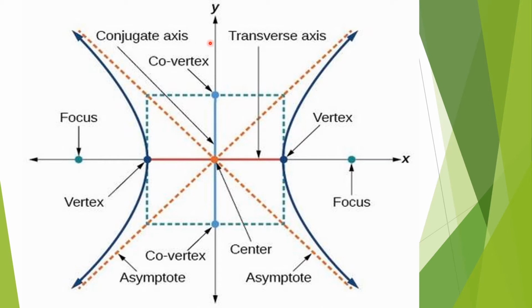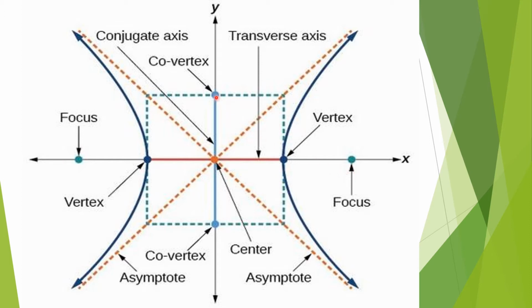Okay, so we have here an illustration of a hyperbola showing its different parts. This is our graph, which we call the branches. Then we have here the vertex, and then the other vertex. We have here the center, and then our fixed point, the focus, and the other focus is here.